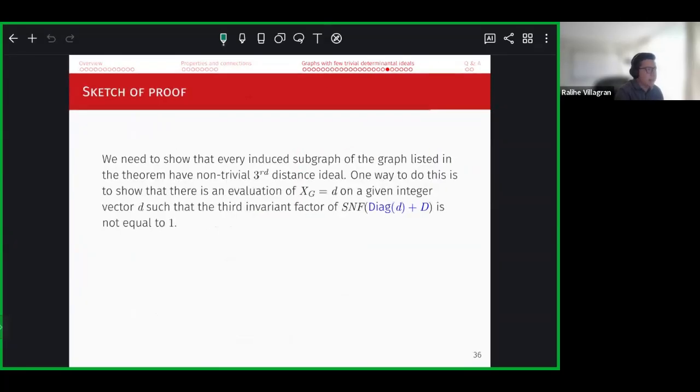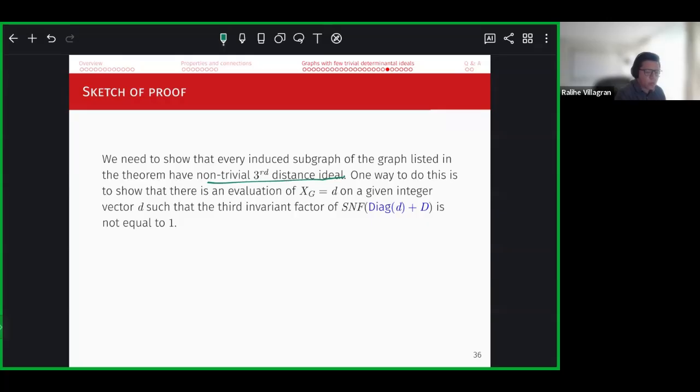We need to show that every induced subgraph of every graph listed in the theorem has non-trivial third distance ideal. At this point, that's doable. For k equals 2, that's doable. But as we go higher, that's more and more difficult, probably, well, surely.